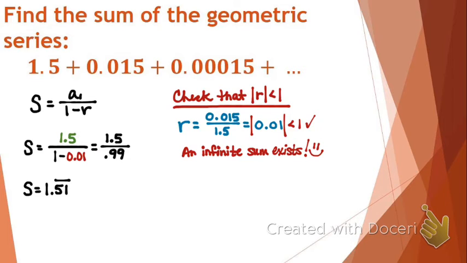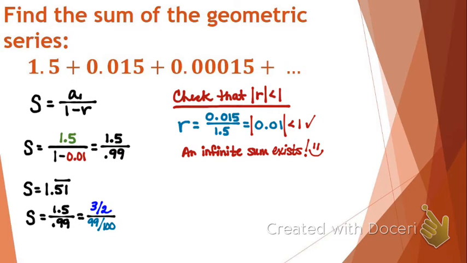Or 50/33. 50/33. Let's talk about how we get there, because that's absolutely correct. I've got 1.5, and I've got 0.99. How can I rewrite 1.5 as a fraction? 3/2. How could I rewrite 0.99 as a fraction? 99/100.